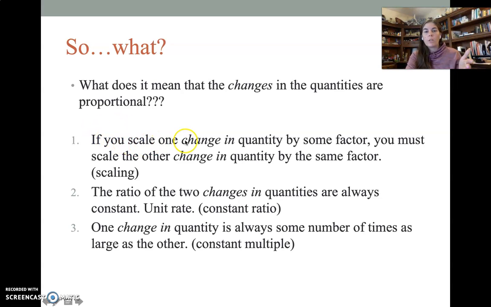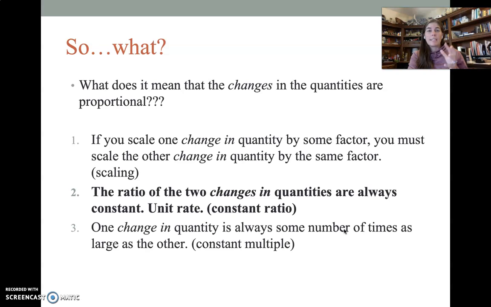If you scale one change in quantity by some factor, you must scale the other change in quantity by the same factor. We could also say the ratio of the 2 changes in quantities is always constant, which is that unit rate idea. And lastly, we can say one change in quantity is always some number of times as large as the other. The one that we want to focus on right now is that second one.